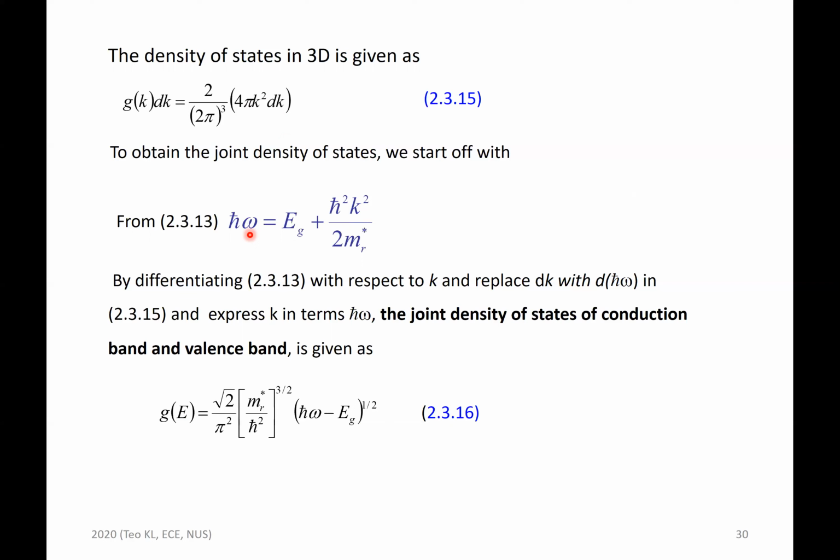So you will have a dK in this equation, and then you can plug it inside. I'll leave it to you to do the mathematics, and this gives you the density of state, or the joint density of state, of the conduction band and valence band.